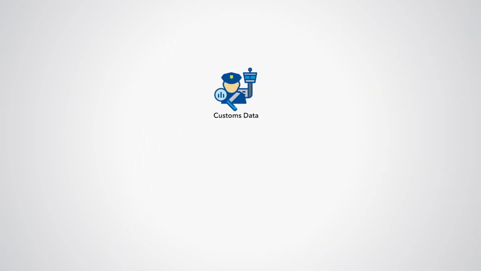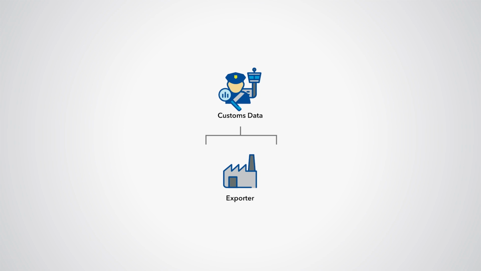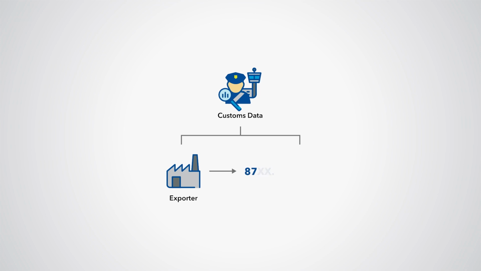While customs records provide excellent coverage and weighting information, it may be burdensome to add trade values by business across different transactions and time periods. For example, let's say we were trying to identify the largest exporters within HS Chapter 87, which includes vehicles other than railway or tramway rolling stock and parts and accessories.